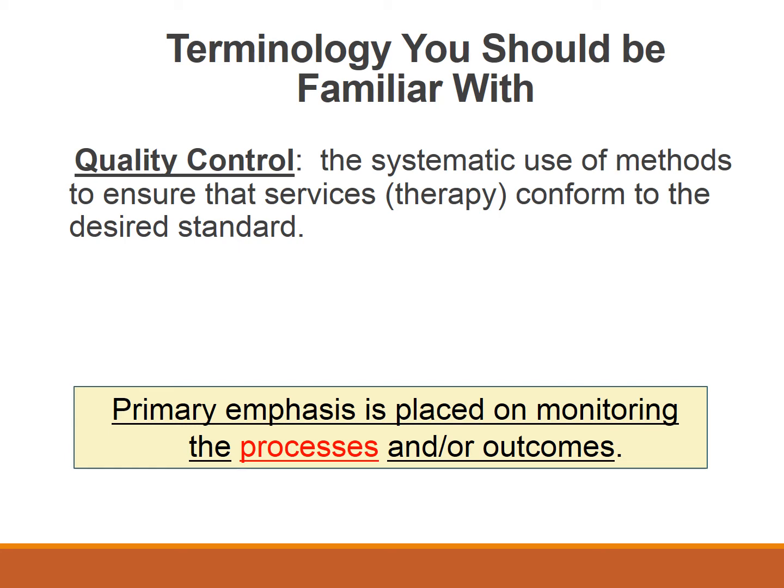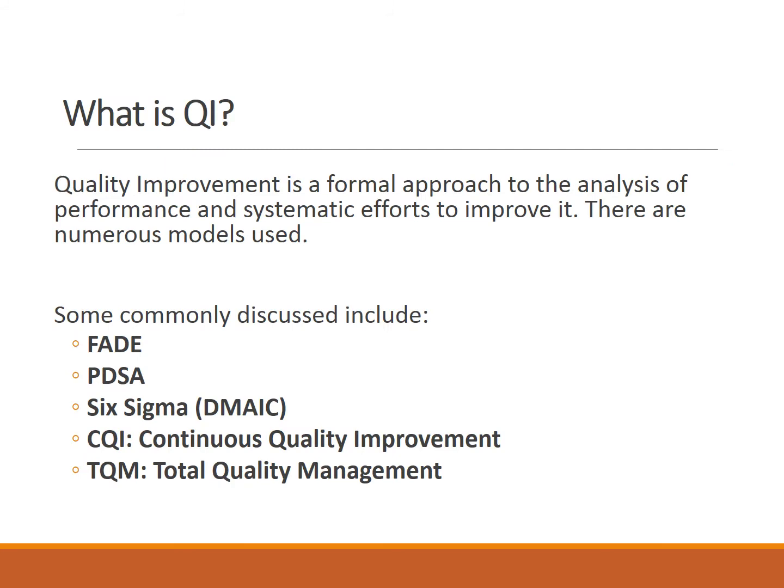Quality improvement. So quality improvement is the formal approach to analyze the systems to improve them. Now there are a number of commonly used techniques that you'll see: continuous quality improvement, total quality management, Six Sigma, plan, do, study, act, FADE.